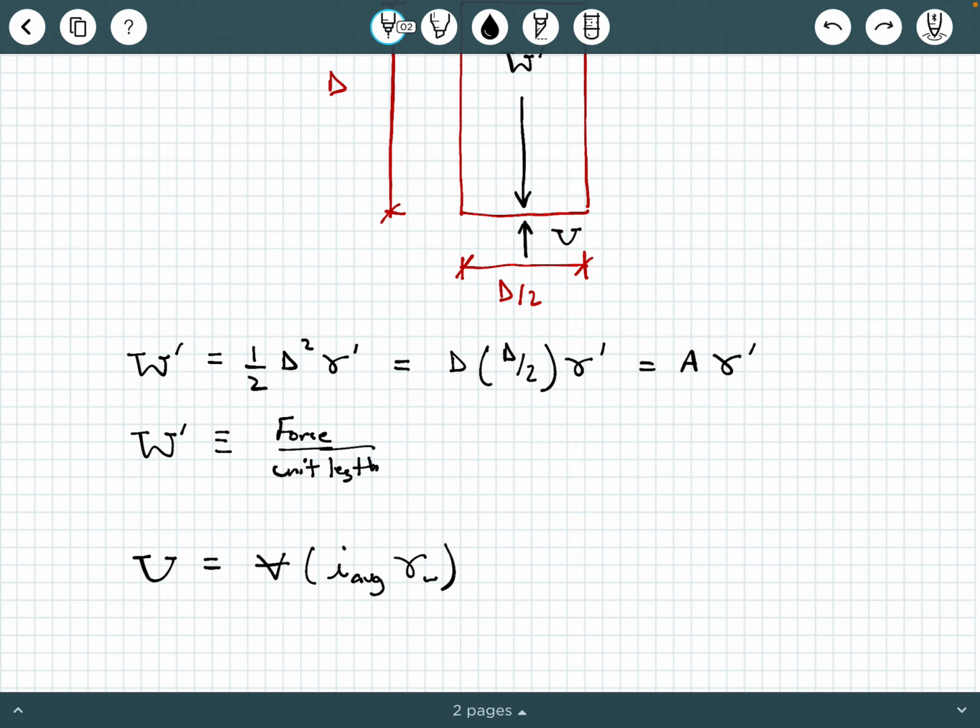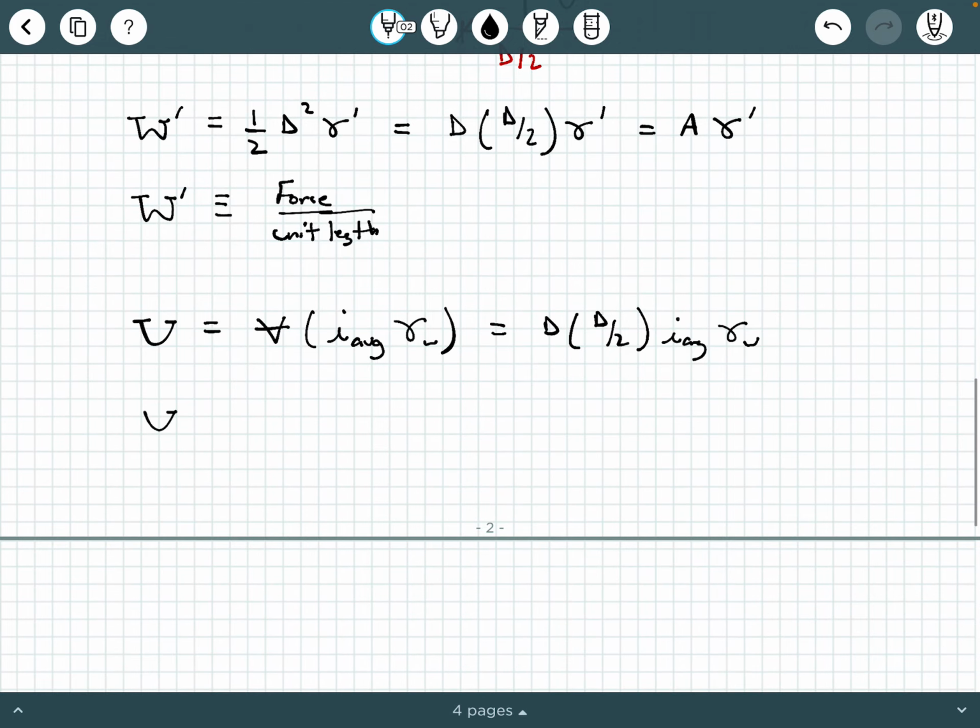So the way we would express this is still D times D over 2 times I average times the unit weight of water, all right? And so, again, this can be packaged a little bit more nicely as 1/2 D squared I average gamma water, all right?